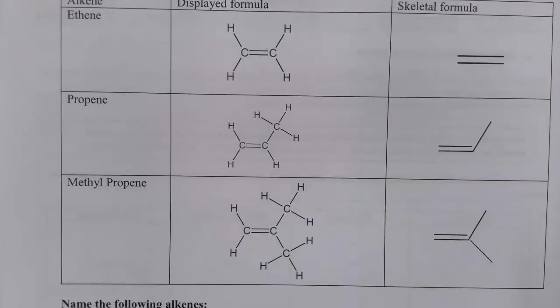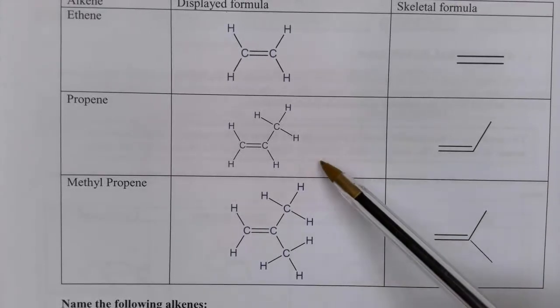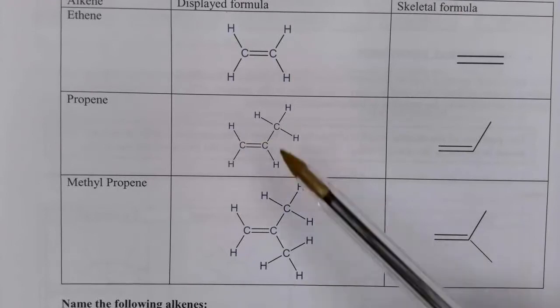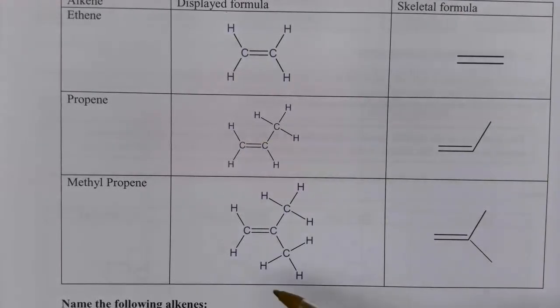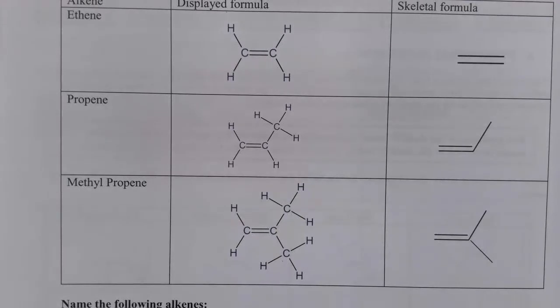So drawing them out as normal, this is what we get. So we get ethene, we get propene, which now has 3 carbons in my longest chain. This would be methyl propene, because this is my longest chain with the 3 carbons, and then I have a methyl group on this middle carbon. Technically, I don't need a number because there's only one place for that methyl group to go.